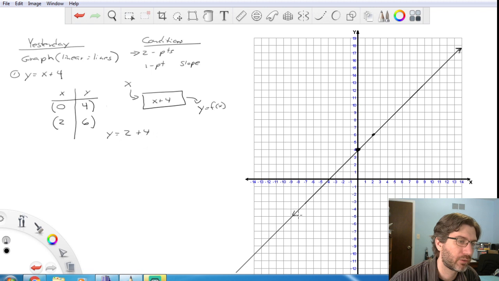I'll erase that part that's kind of far down. So there's your line. This here is the graph of the function x plus 4. So this line equals y equals x plus 4. And that's what you should have written.